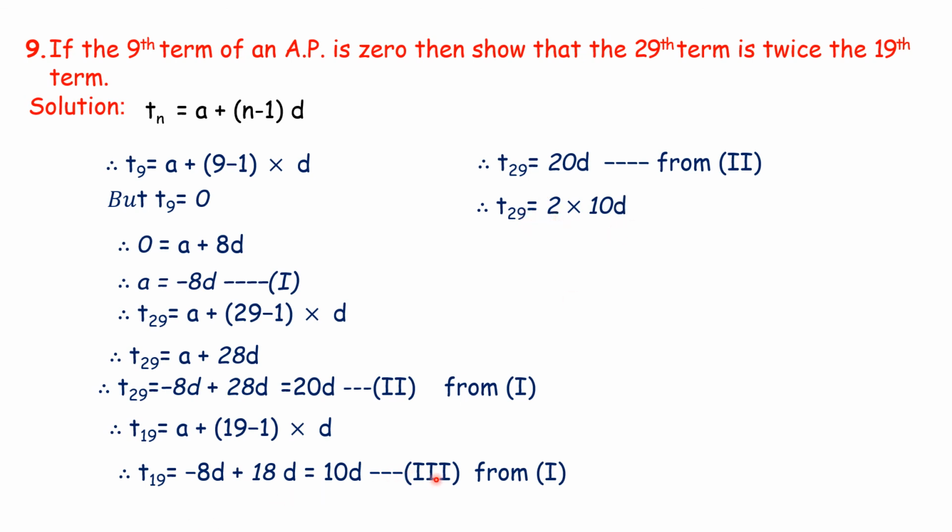From the third statement, 10d is equal to the 19th term. Therefore, the 29th term is equal to 2 into the 19th term. Here we have shown that the 29th term is twice the 19th term.